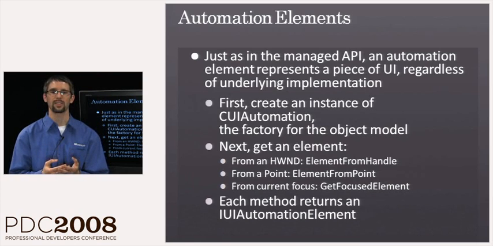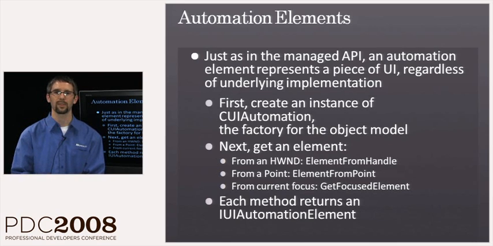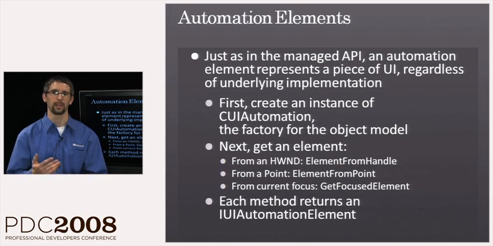So automation element is a common concept, and it always represents a single piece of UI regardless of the underlying implementation. To get one, first you're going to co-create the CUIAutomation object. It's pretty much the factory for the object model, if you're familiar with the factory design pattern.